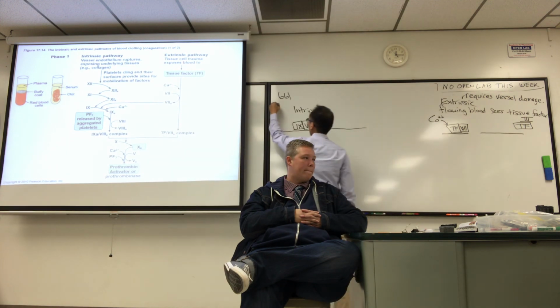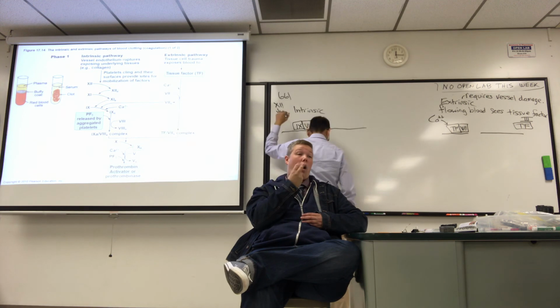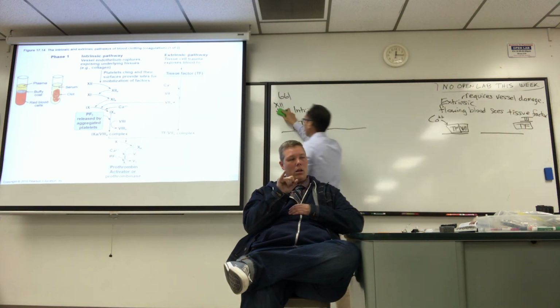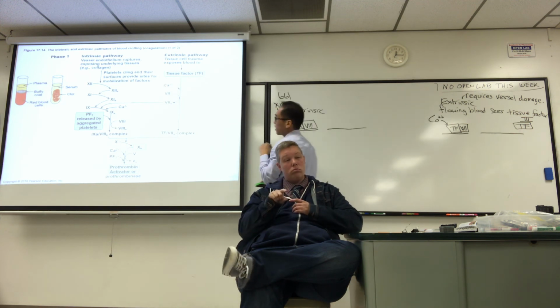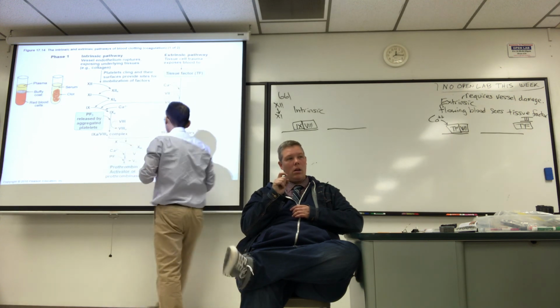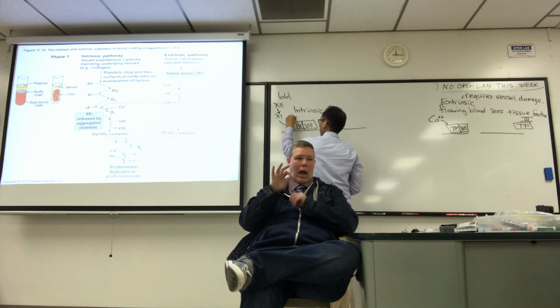So you had to go 12 to get to 11. And it looks like 11 with calcium was able to activate 9. I want to throw in calcium there too.